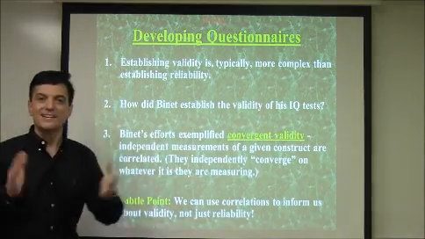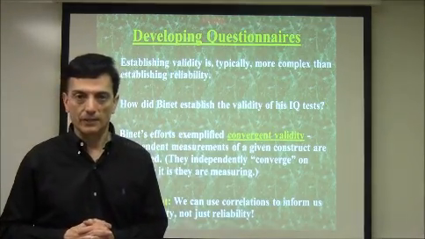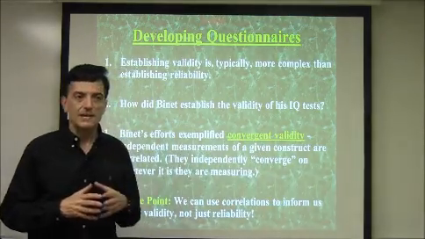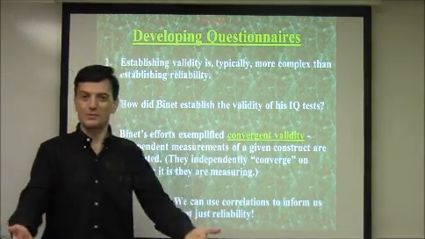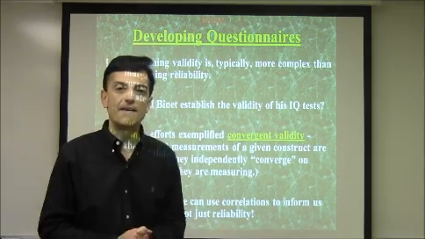So Binet, he's trying to look at the construct of intelligence. He's developing this IQ test. He's trying to figure out, does his new instrument, his questionnaire IQ test, have validity?